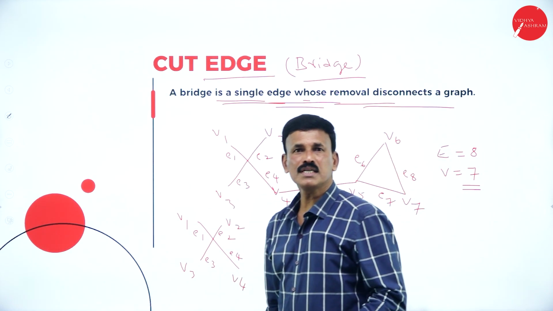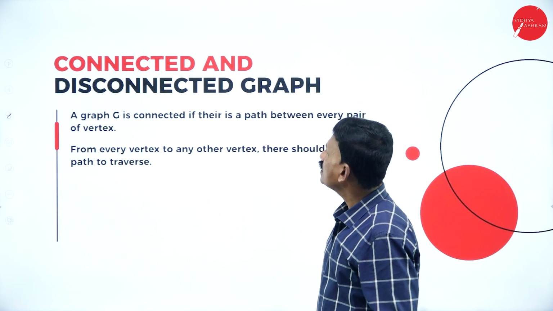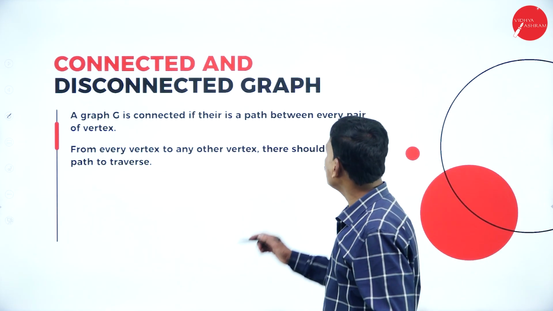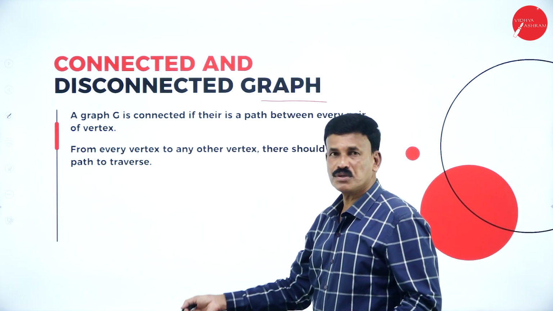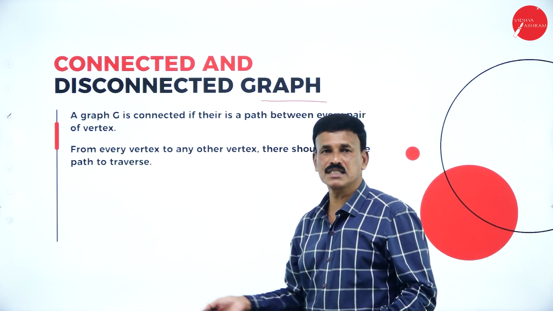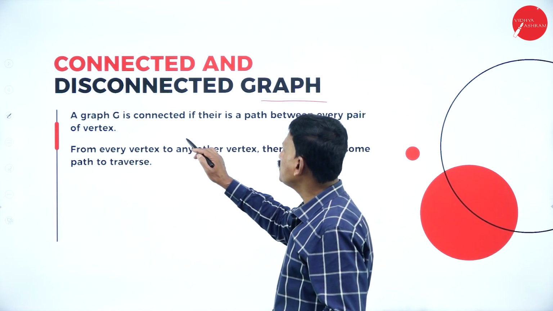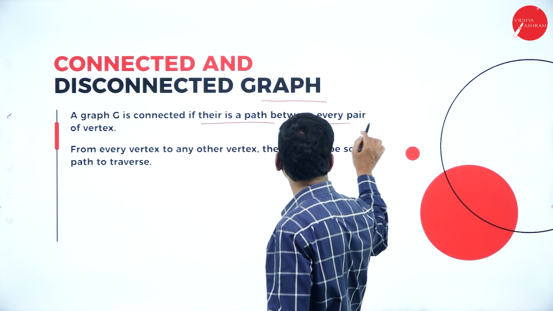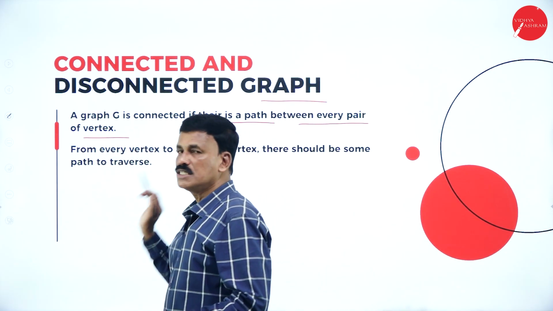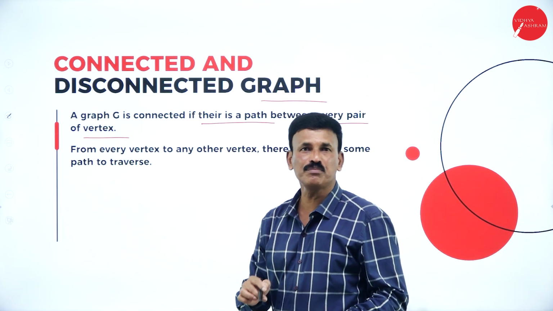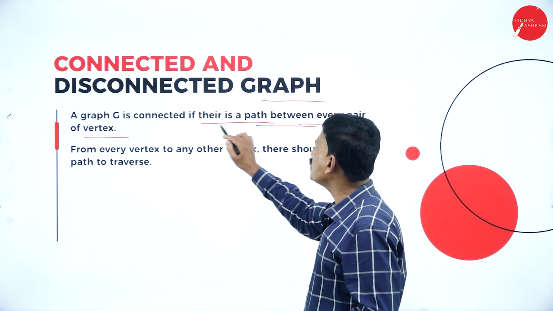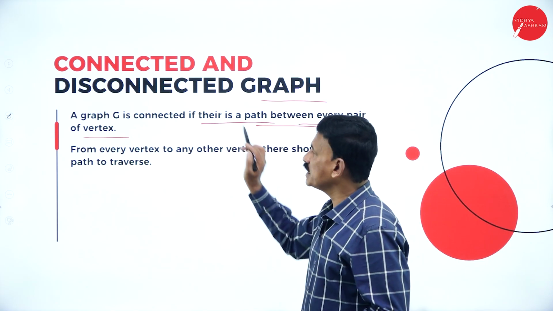Now let us come to the next concept, connected and disconnected graphs. Connected and disconnected depends on the removal of an edge or a vertex. A graph G is connected if there is a path between every pair of vertices. If there is a path between every pair of vertices, then the graph is said to be a connected graph.